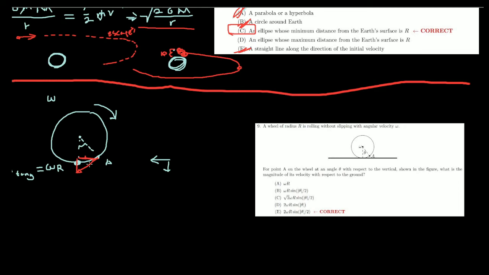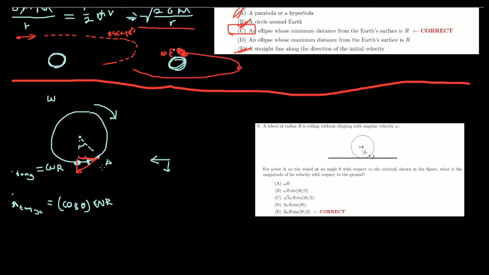Since this right here is theta, and we want to find the horizontal, we're going to find V A tangential x equals cos theta times omega r.